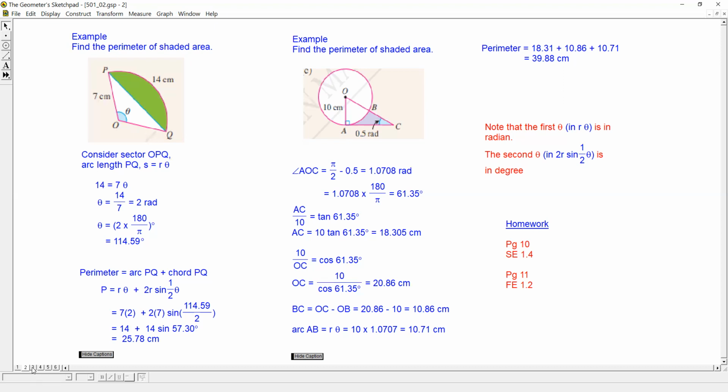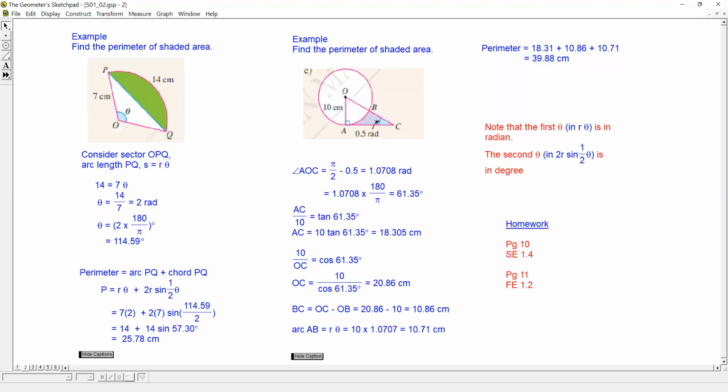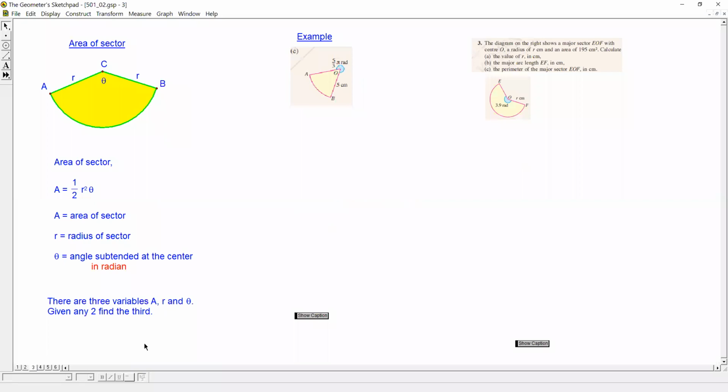So far, got question? No. Any question? No, then you want to carry on with the next one, area of the sector, right?